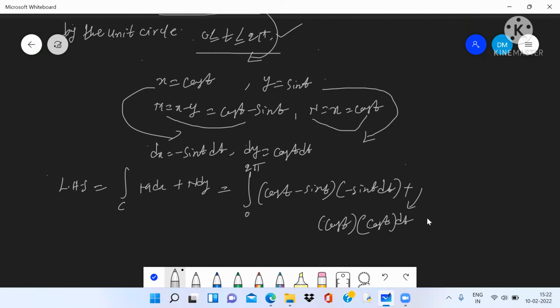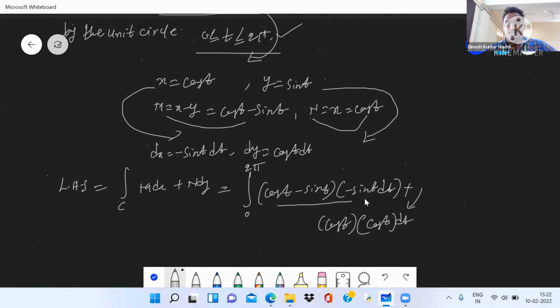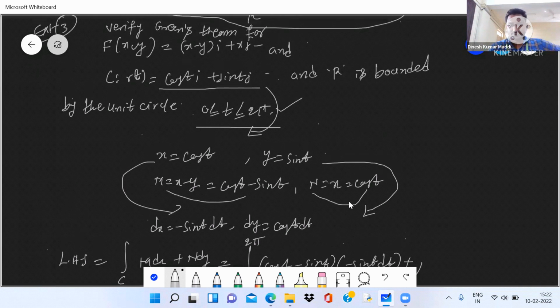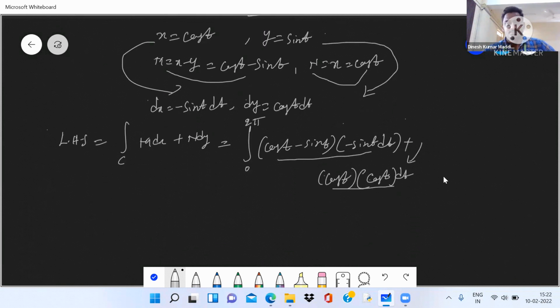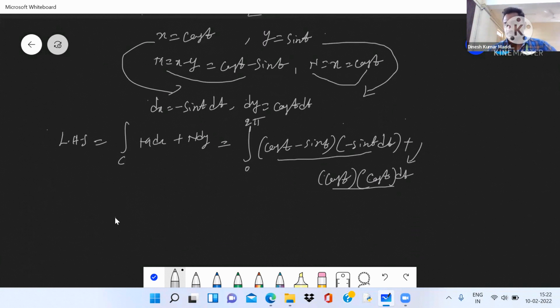Yes, sir. Okay, see here, next I am going to multiply these two terms, and multiply these two terms, and integrate over 0 to 2 pi. So here cos t into minus sin t will give minus sin t cos t.